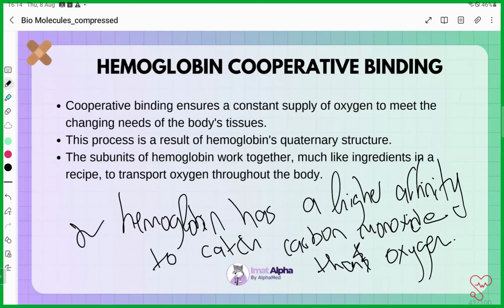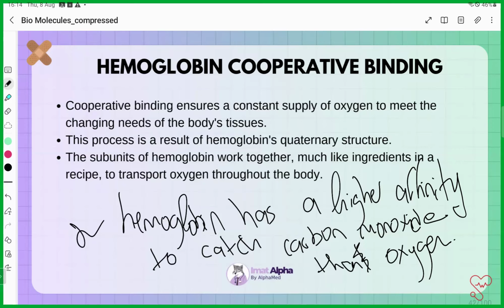Okay? So we were speaking about the cooperative binding. We say that the more the cooperative binding happens, the higher the efficiency of this hemoglobin in catching more oxygen and making the blood more oxygenated. And hemoglobin is a protein, as we all know.